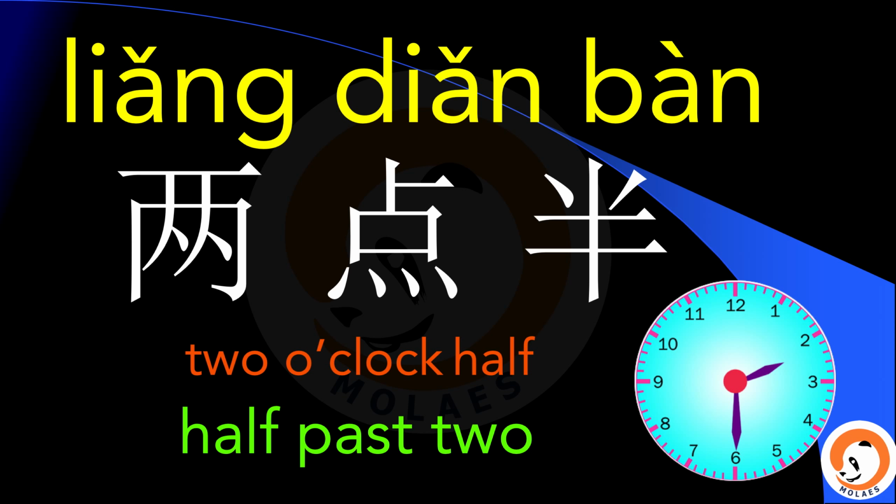If we are counting anything else, we use 两 instead of 二. You can also say 2:30. Then in Chinese will be 2点30分.